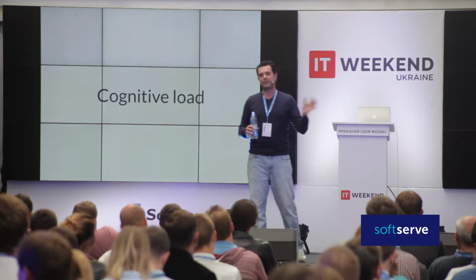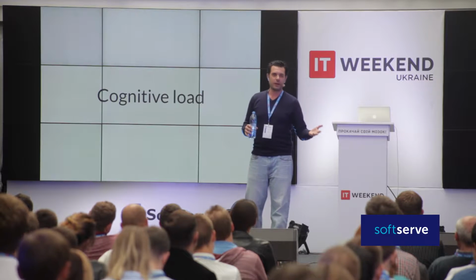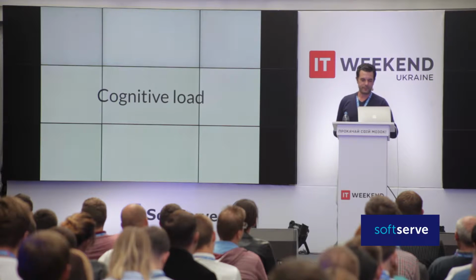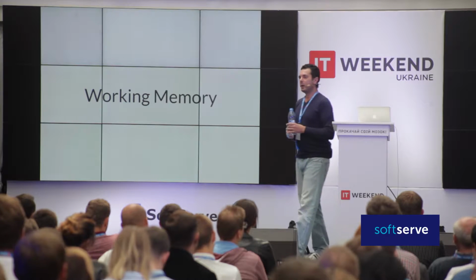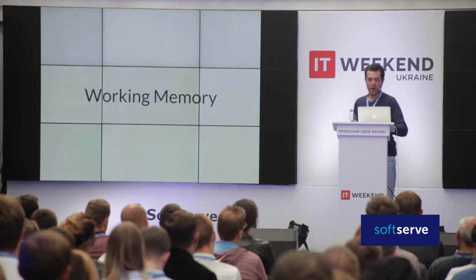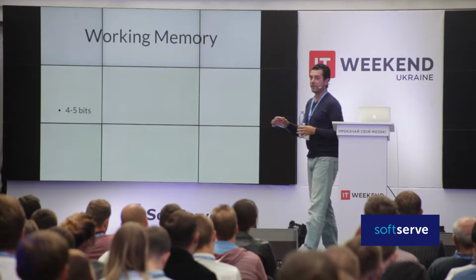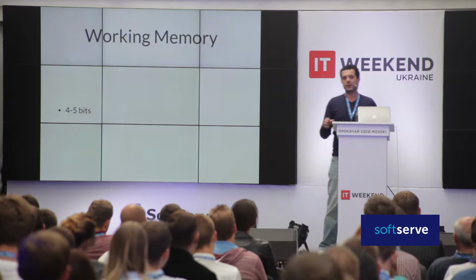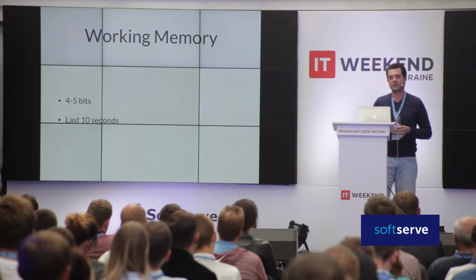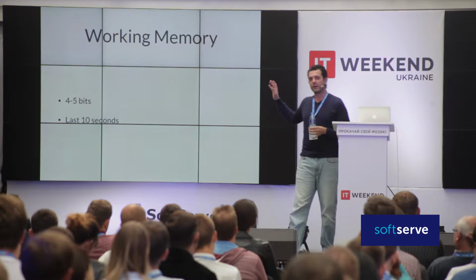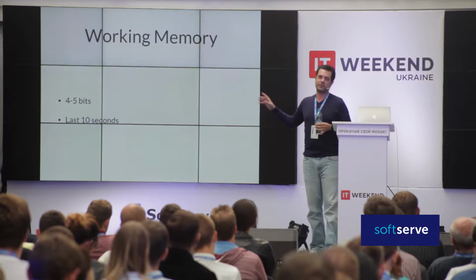And usually the side effect of that is that we are stressed, or we scream, or we are impatient, or something like that. Because we are hogging our working memory that I've mentioned before. Now, our working memory is something very simple to describe. 4 to 5 bits of information that lasts 10 seconds. That's it. And it's a miracle that we do what we do every day with this RAM, essentially.